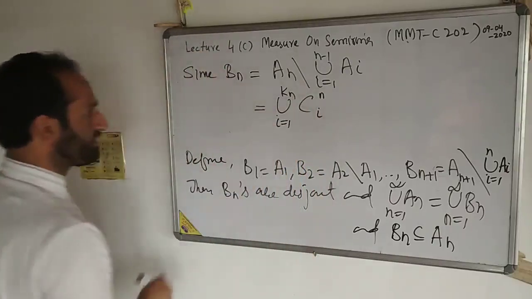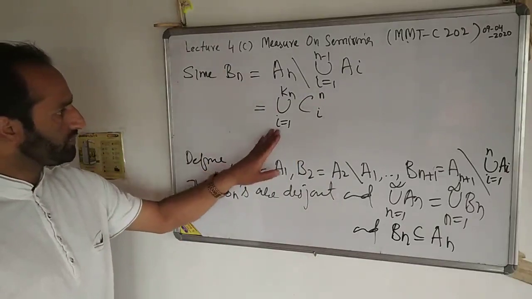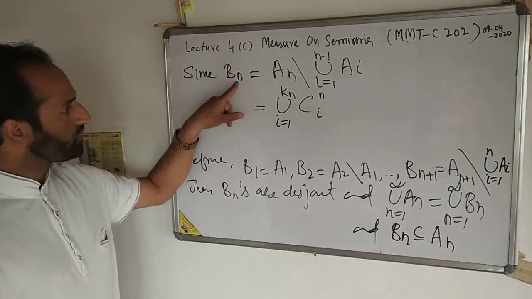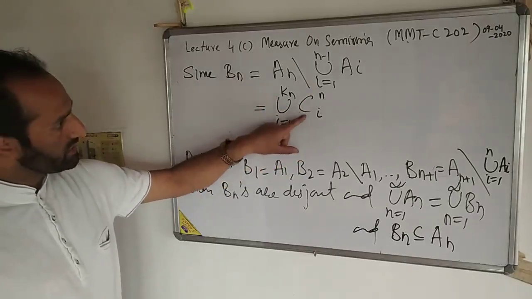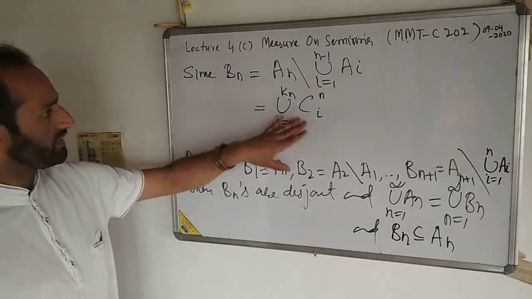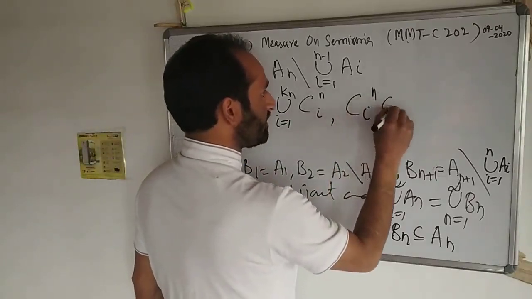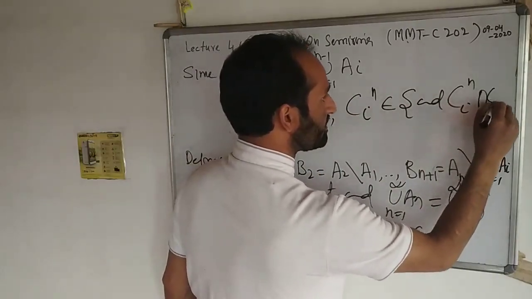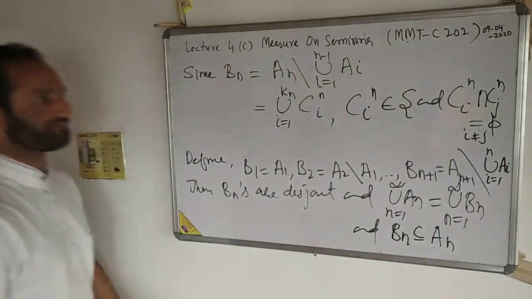This n is fixed here for Bn. So B1 is equal to the union i runs from 1 to K1 of Ci1. B2 is equal to the union i runs from 1 to K2 of Ci2, and so on. In general, Bn is equal to the union i runs from 1 to Kn of Cin. Well, what are these Cin? They belong to S and they are also pairwise disjoint for i not equal to j.